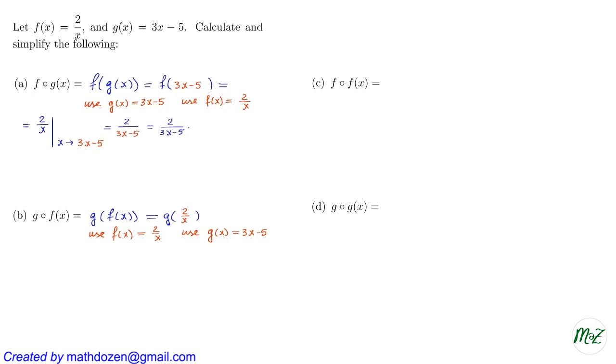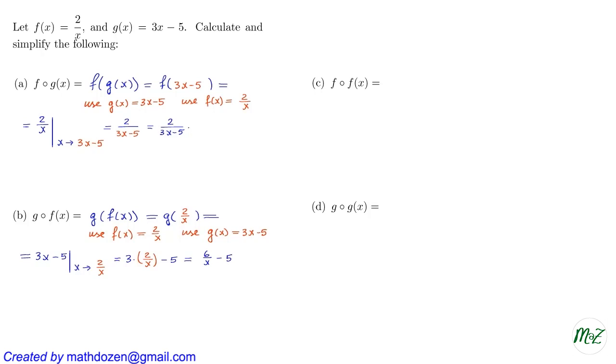So this g applied to 2 over x is the same as the expression 3x minus 5 with x replaced by 2 over x. And when you do that, you end up with 3 multiplied by 2 over x, all of that minus 5. So if you distribute 3 over 2 over x, you end up with 6 over x minus 5. That's the result of the second composition.